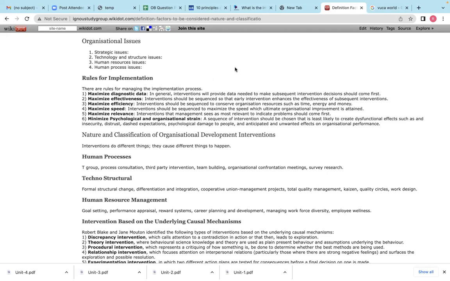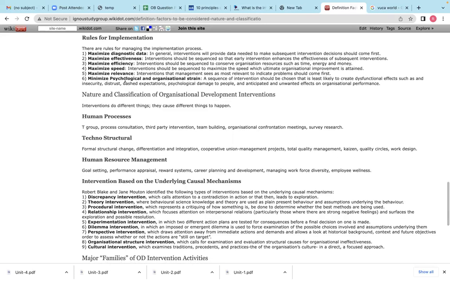Okay, so now coming to rules of implementation. When you are implementing a process or an intervention, what are the rules? First rule, maximize diagnostic data. What it means is collect more and more data so that you can analyze more on how to make decisions, and from there you will get a better decision. So you need to get as much data as you can.